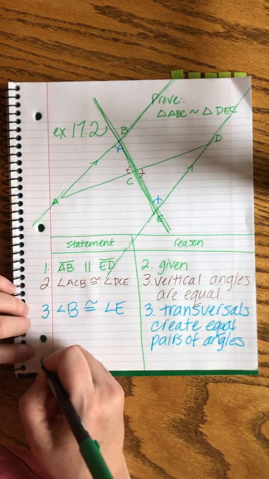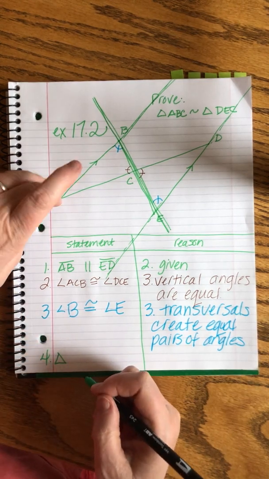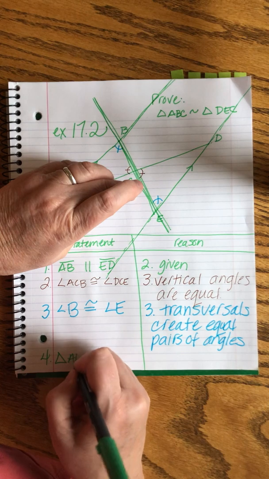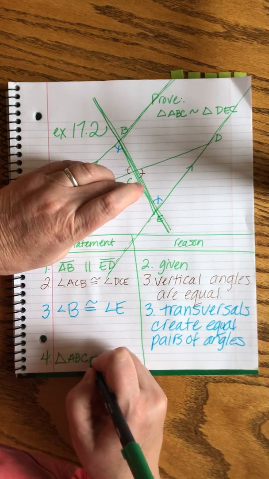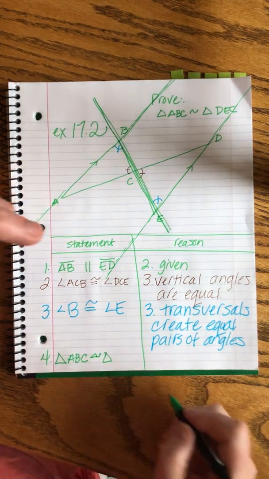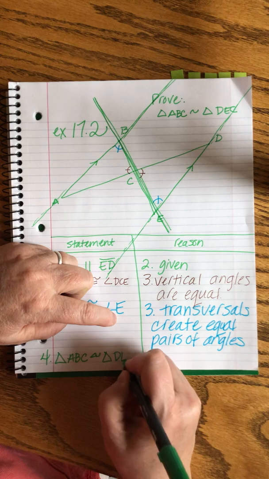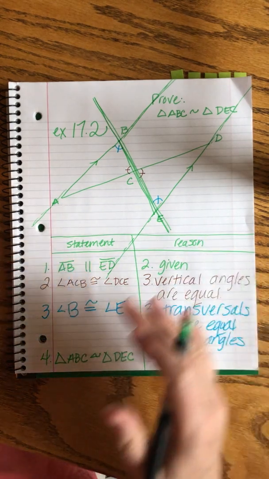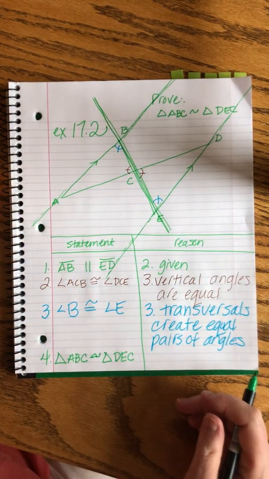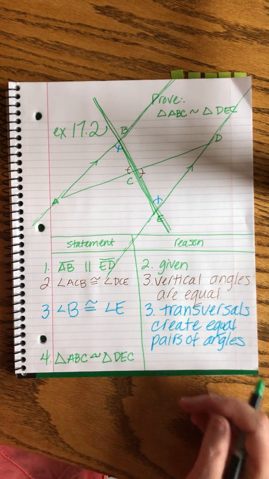So now I can say triangle ABC is similar to triangle DEC. Remember, we want to be careful to keep the pattern of how we put the letters. It describes the same triangle.